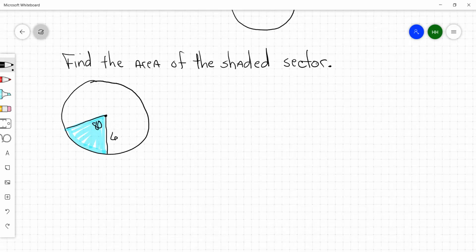And you need the area of that portion of that circle. So it's just like this. Area equals central angle over 360 times pi times the radius squared.